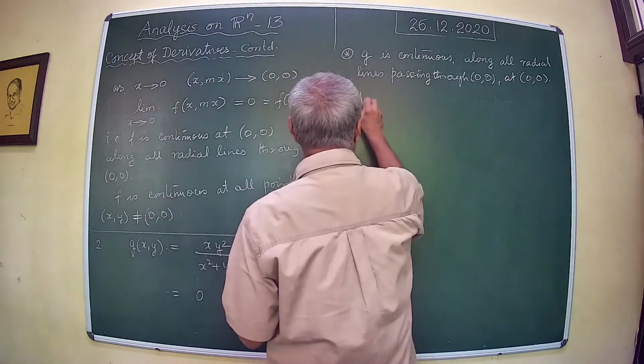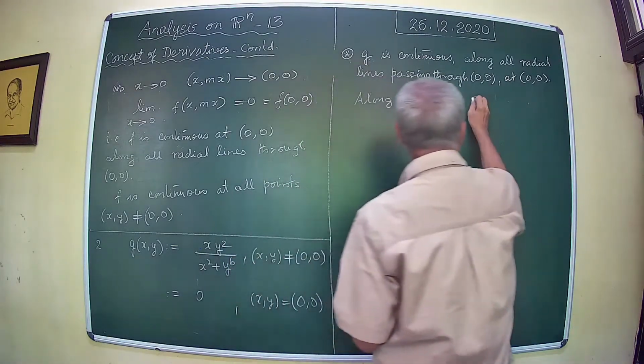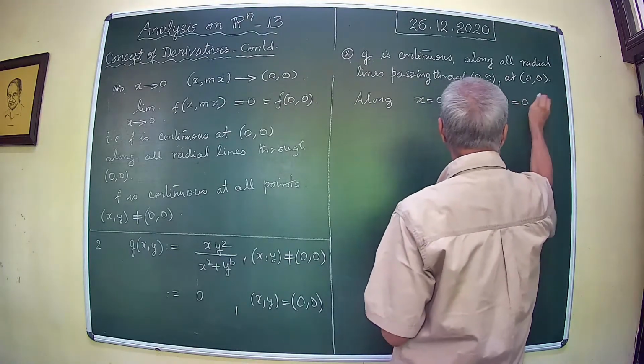along x equal to 0, g of x, y is equal to 0.